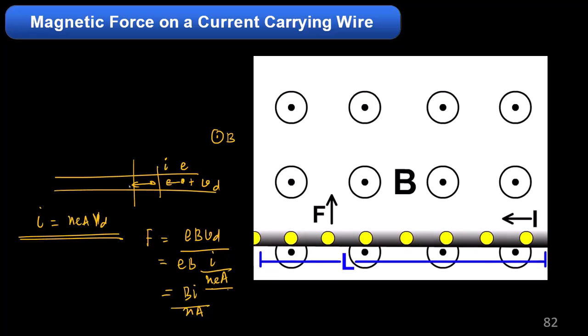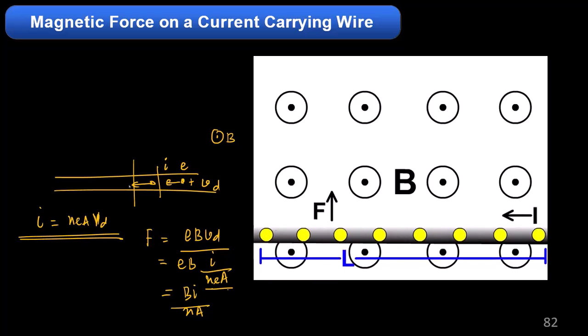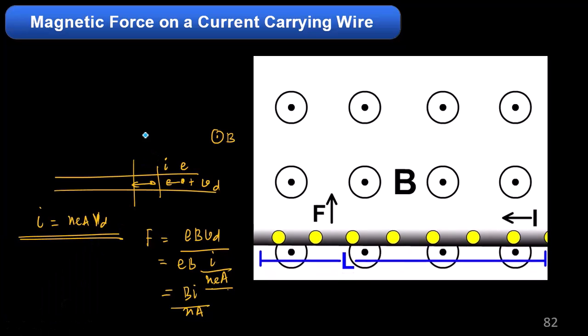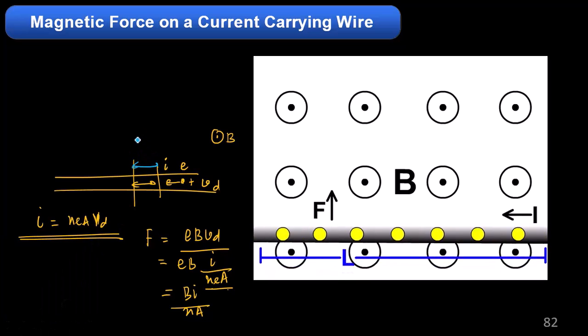That is the distance traveled by the charged particle in time dt, which can be written as Vd into dt.